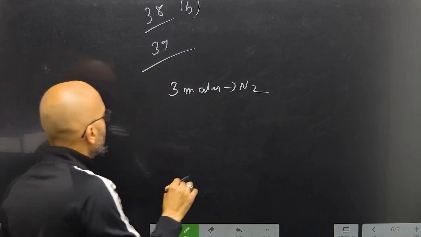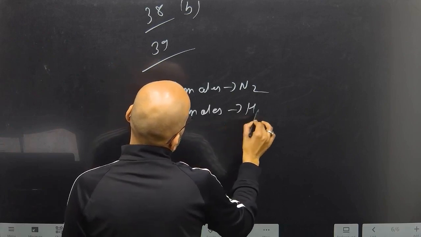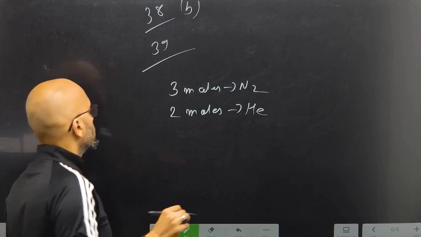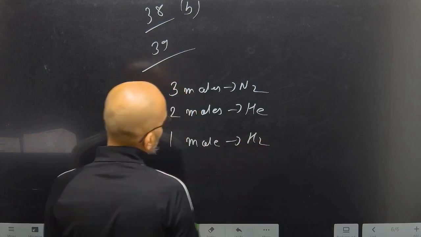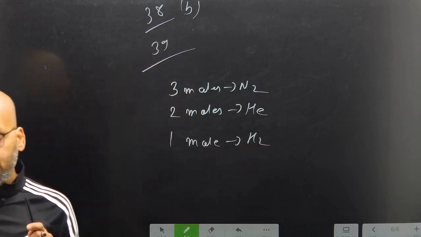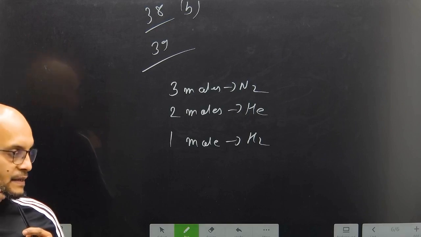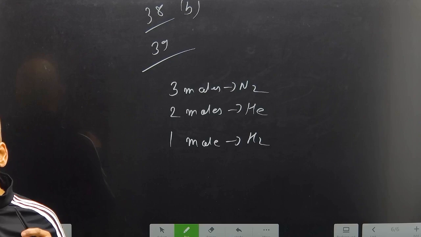2 moles of helium. Total internal energy is NFRT, so you need to find the degree of freedom.